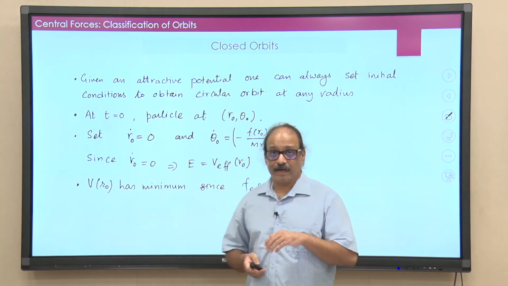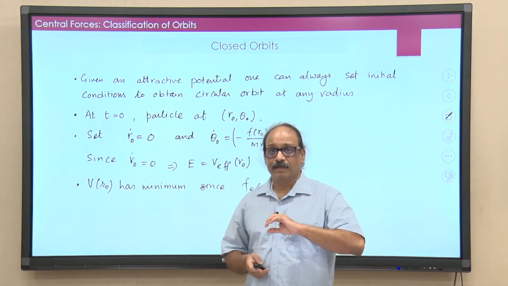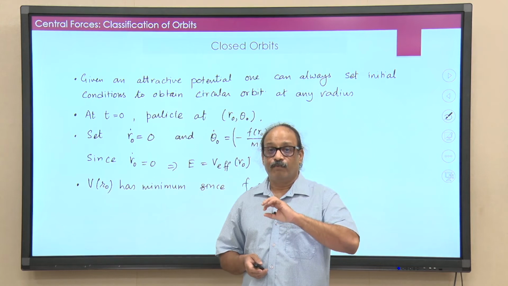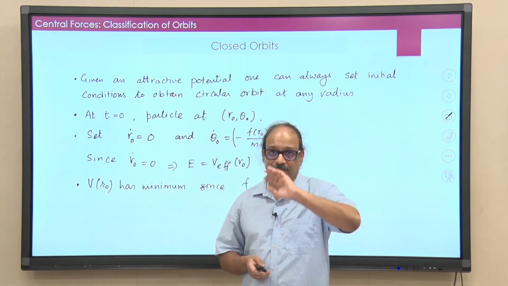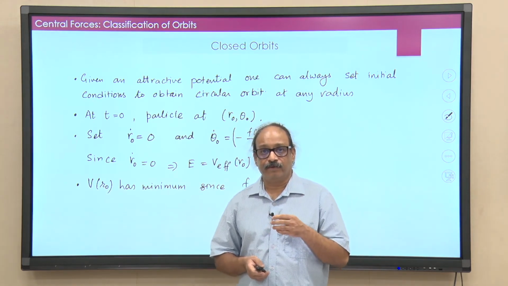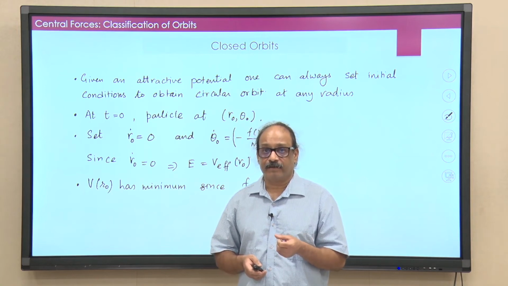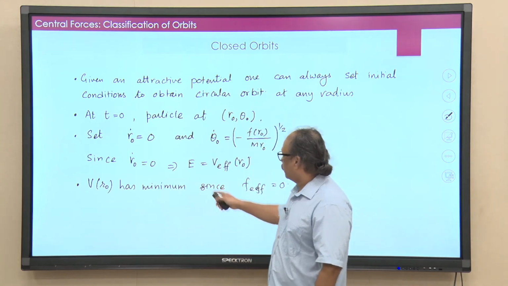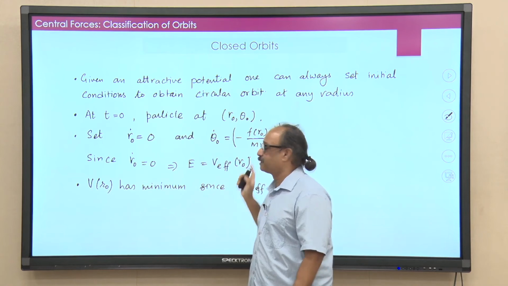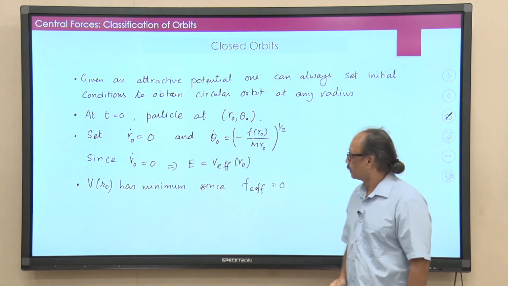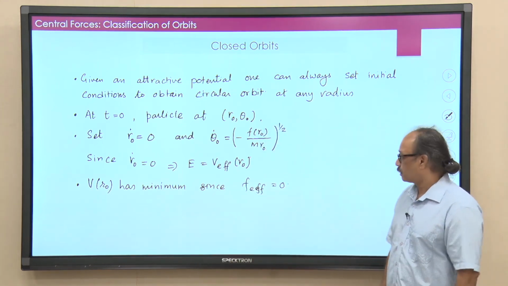There is no driving force once it is propelled into the orbit. It must go around under the influence of inverse square gravity, and the prescription would be something like this, okay, and that would be a circular orbit.